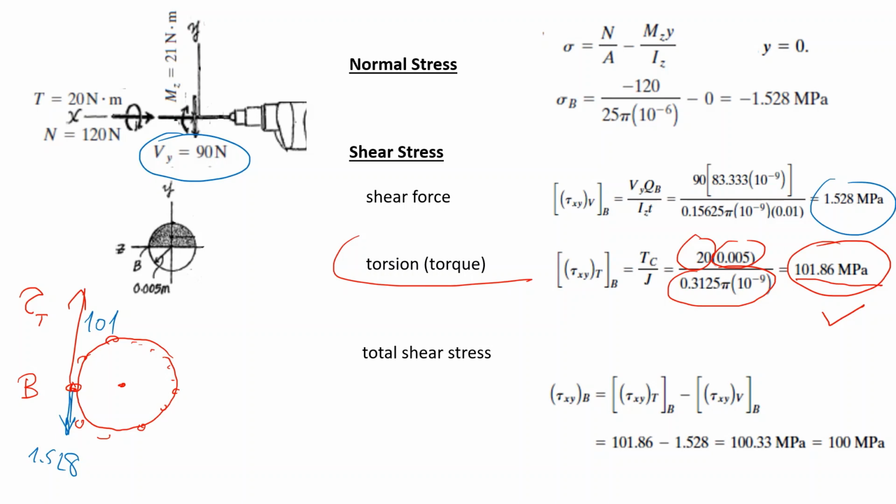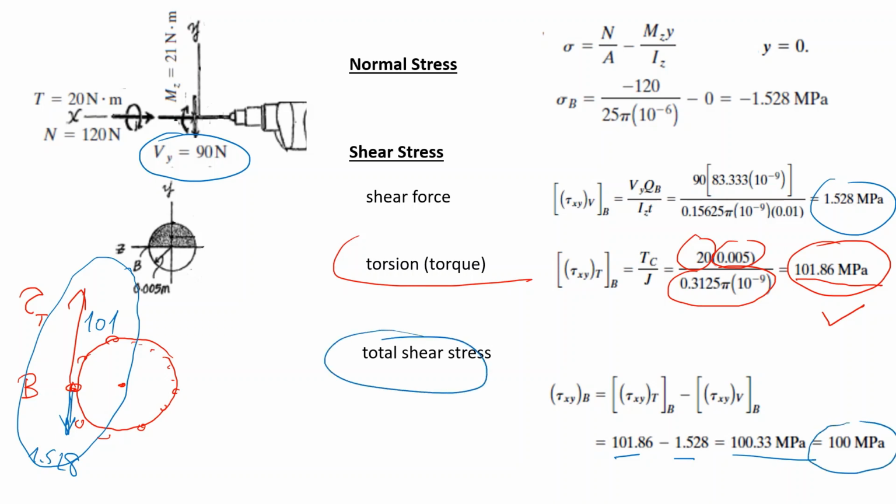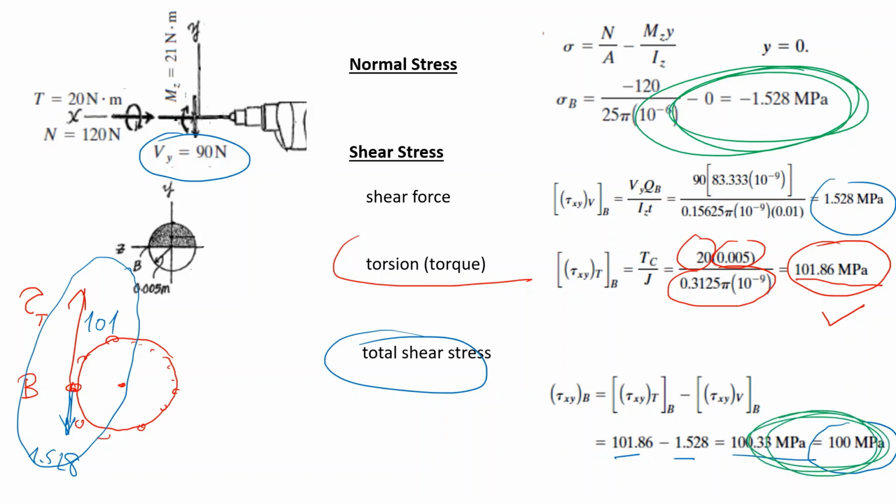So if you make superposition, these two stresses are the same type, but in the opposite direction. Considering their signs, my total shear stress is 100. So in point B, in summary, I have a sigma value of minus 1.5 and a tau value of 100 megapascals.